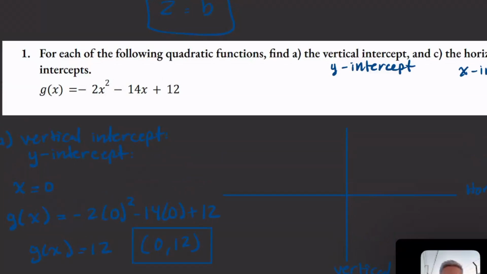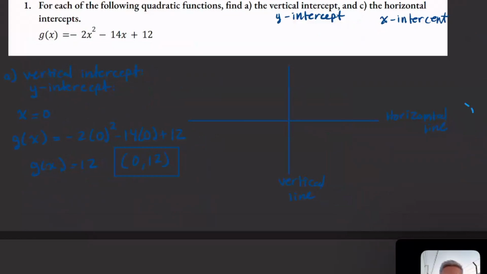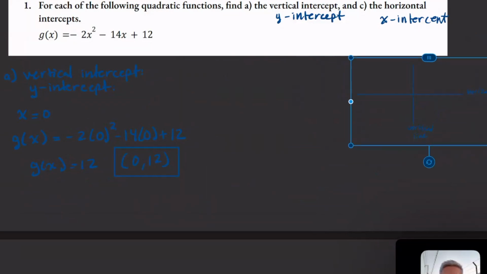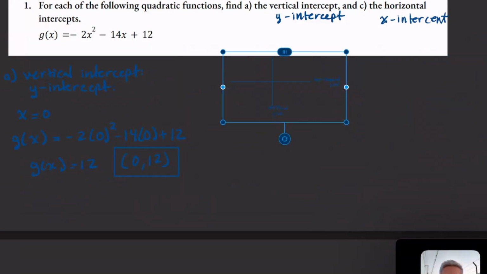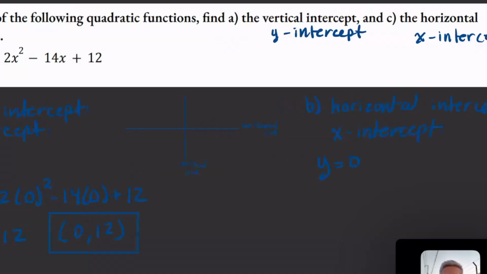Now your horizontal intercept is your x-intercept, meaning that's when y is equal to 0.